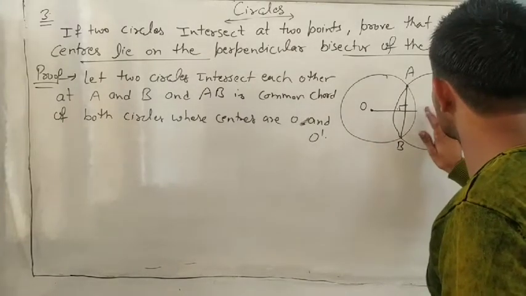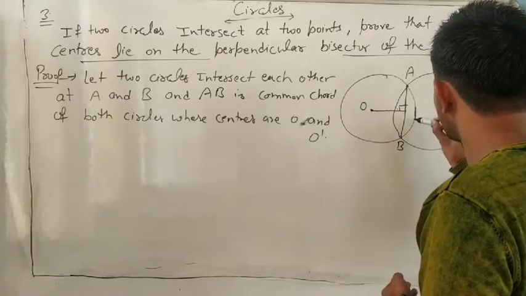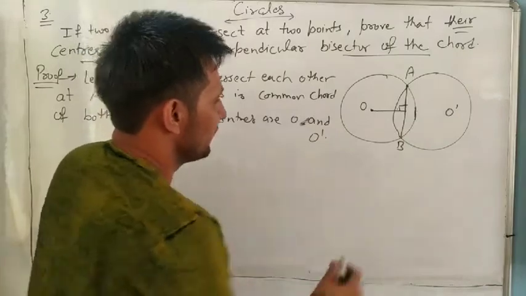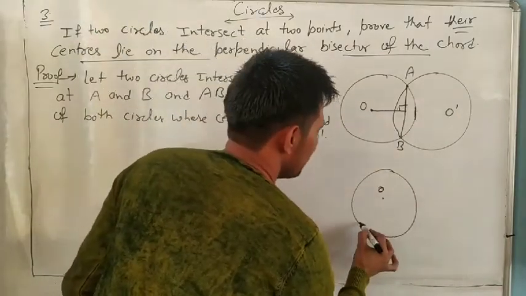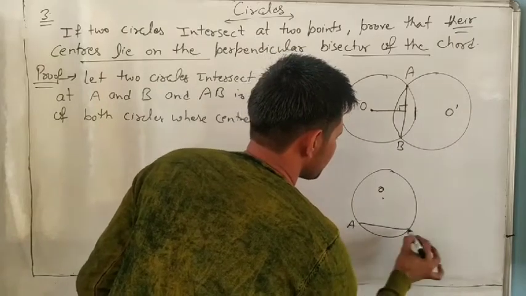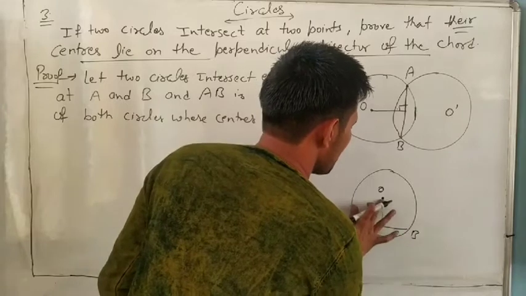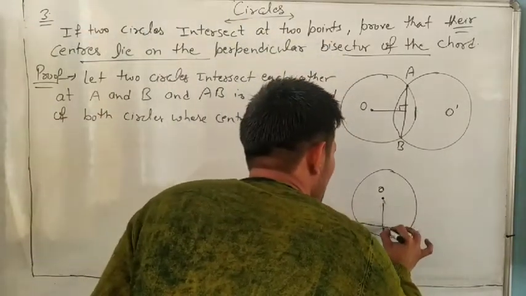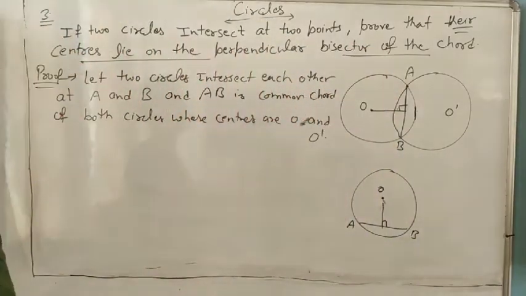So look at first. Suppose we are taking this one as the perpendicular bisector. In any circle, suppose O is the center and AB is a chord. If we take its perpendicular bisector, we already proved in theorem 10.3 that the perpendicular bisector always passes through the center. Understand or not?